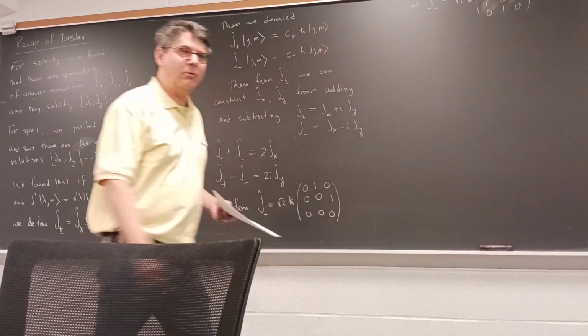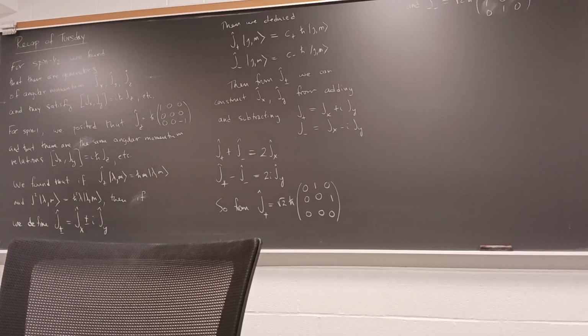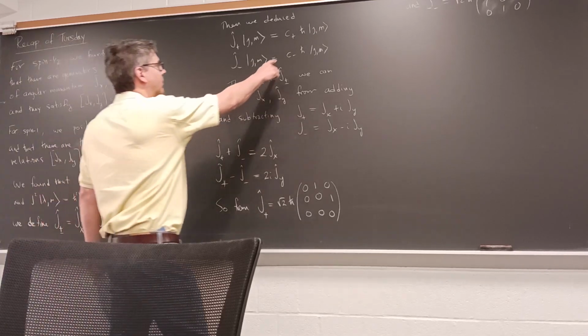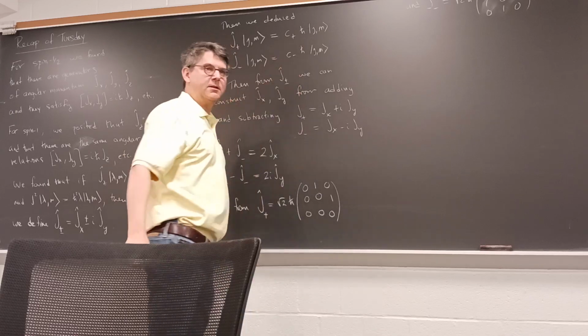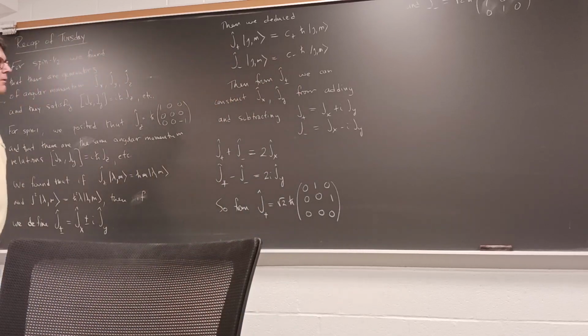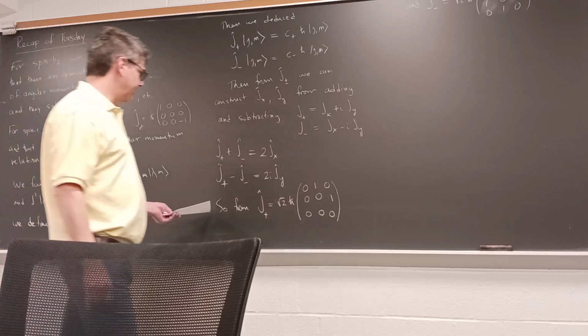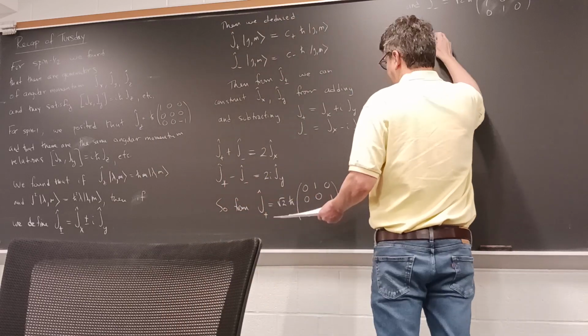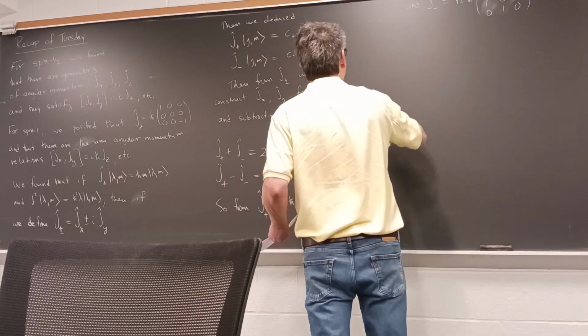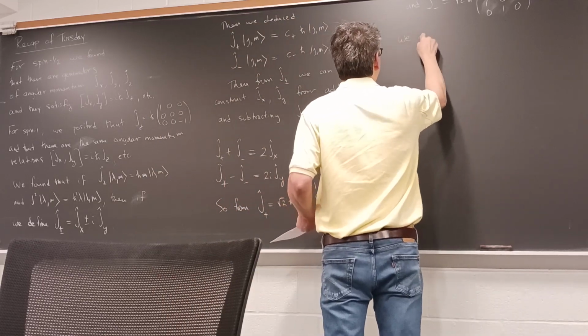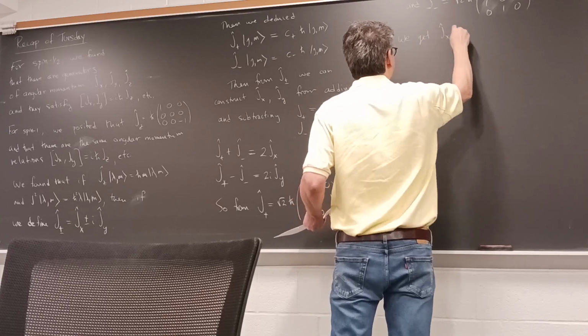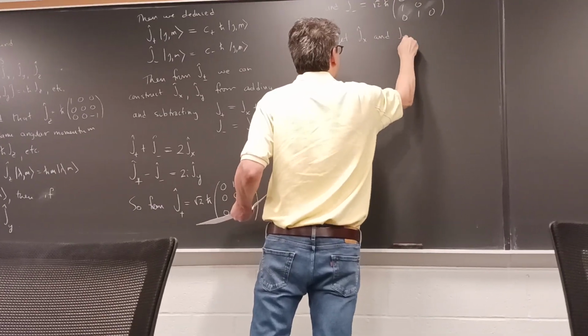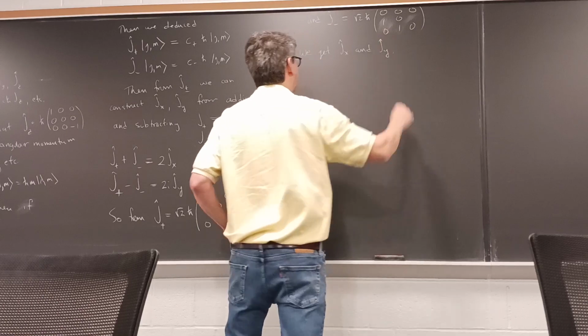How were those matrices determined again? By just, when we calculated the C pluses and C minuses. Okay. So then we can construct Jx and Jy from these. We get Jx hat and Jy hat that we wrote down before.